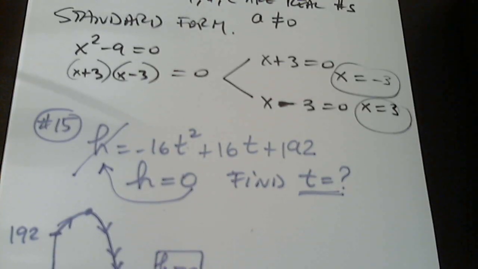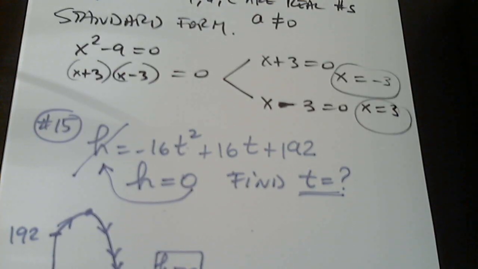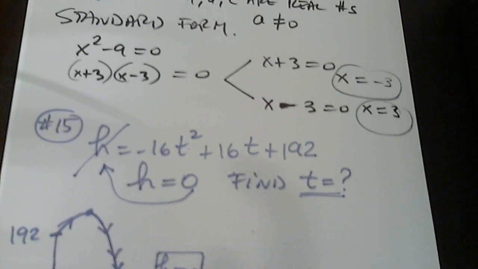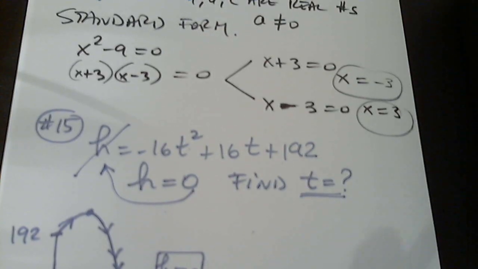So I'm going to move this to the other side, and this, and this. And when I move this here and this here and this here, what is left on the right? 0. Exactly. So this was negative, I moved it. This was positive, I moved it. This was positive, I moved it.